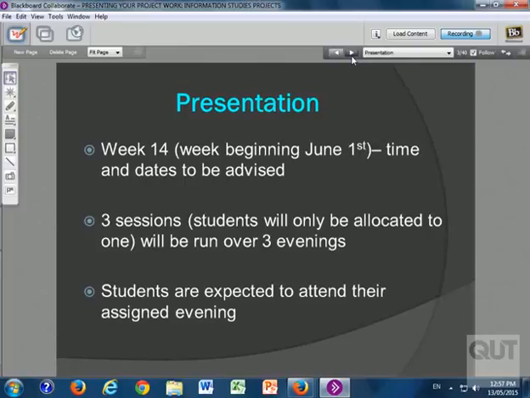They'll be run over 3 evenings in week 14, but you are only expected to attend the one session on which you'll be presenting. You are also expected to attend from the start to the end, not just your presentation, but the entire session. Because a lot of this relies on your interaction with the person who's presenting, we require everyone to attend for the entire time.